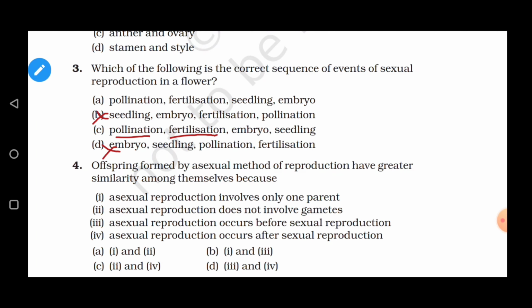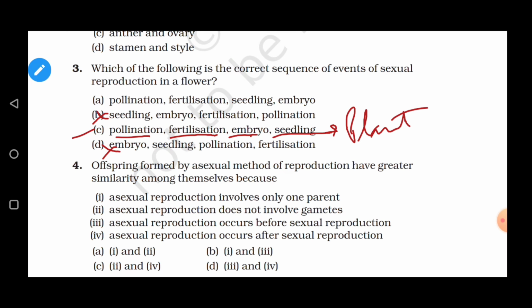Zygote will develop into the embryo, and then the embryo will develop into the seedling. So that will be the correct sequence. Without pollination fertilization is not possible. So सबसे पहले तो pollination ही होगा, उसके बाद fertilization, embryo, and then it will develop into the seedling, and the seedling will form a new plant. So this is the correct sequence.